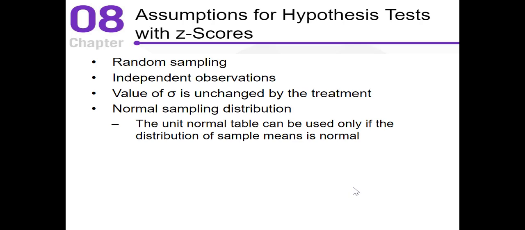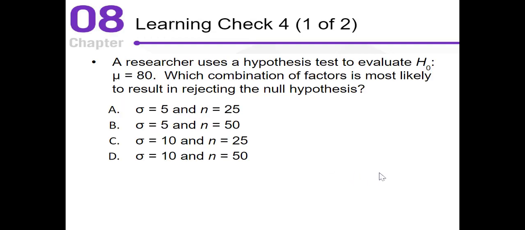We can also make some assumptions regarding random sampling, independent observations, the value of the standard deviation being unchanged, and a normal sampling distribution.